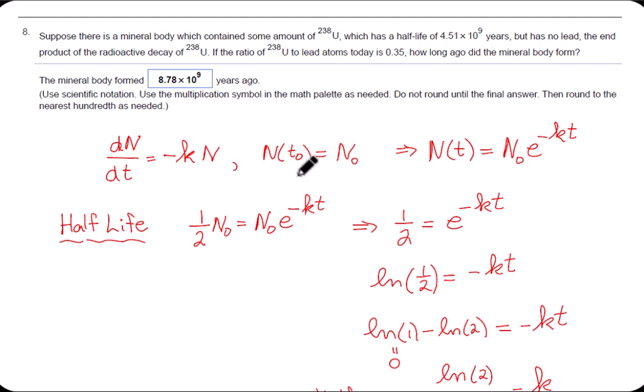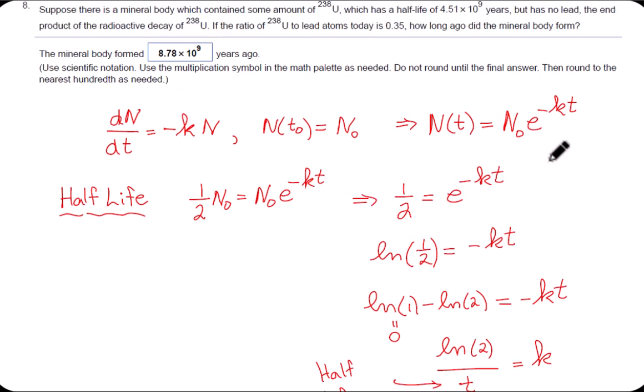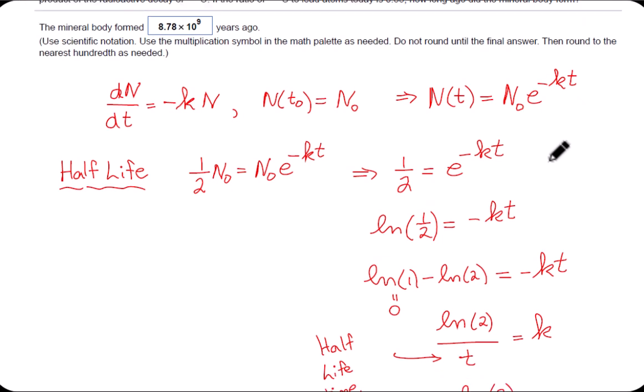All right, so this is a radioactive decay. That much is fairly straightforward. N0 is the amount that we initially start with. We have a half-life. Half-life means half of it goes away. All right, so why am I plugging this in? I'm trying to figure out what this decay rate is.